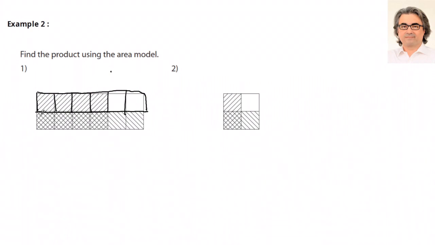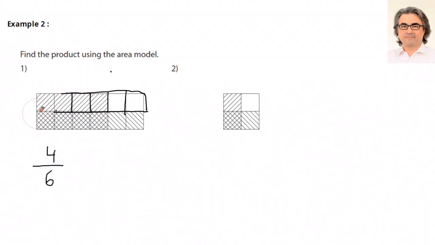So the same thing can be told for the second one. So horizontally I have a rectangle and the shaded region may be represented with 4 over 6.